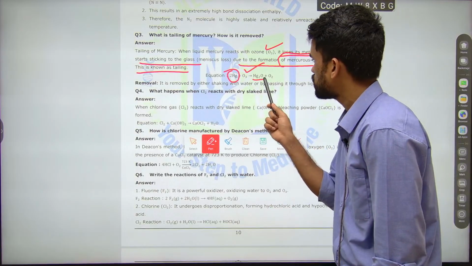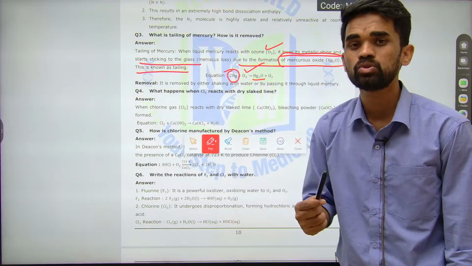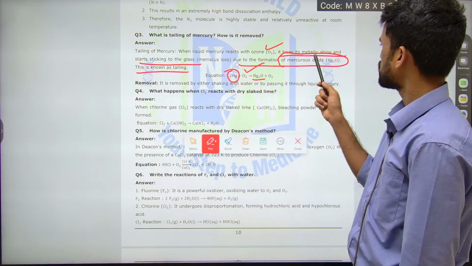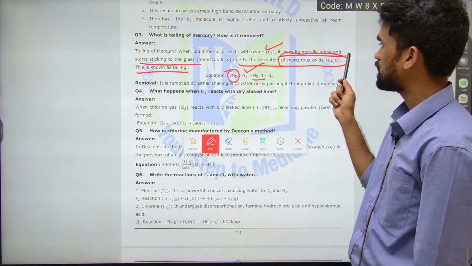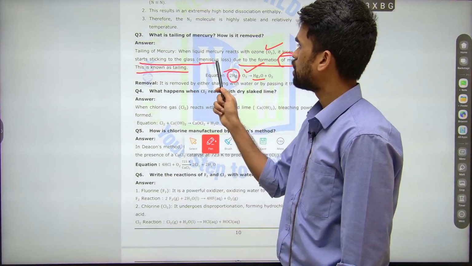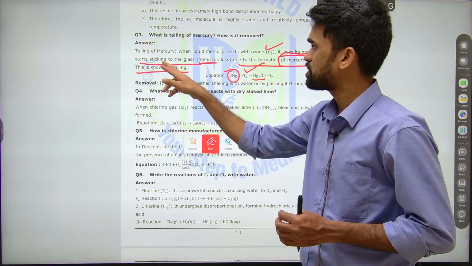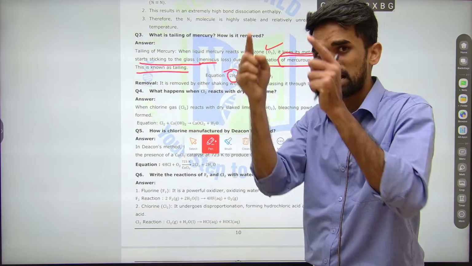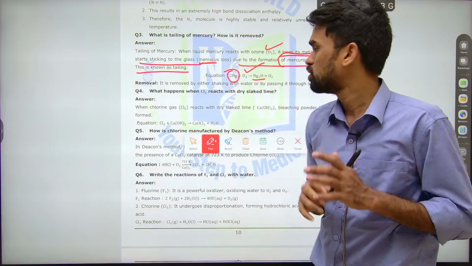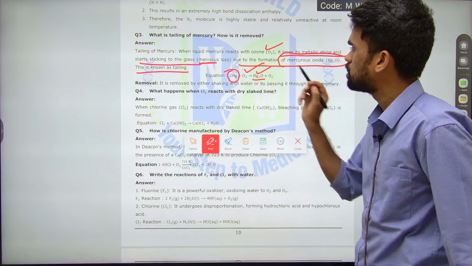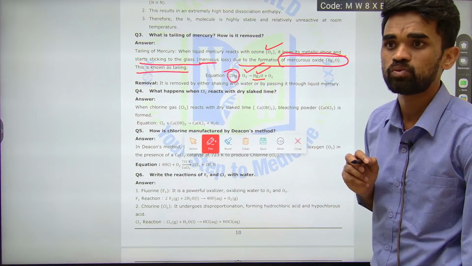Whenever this mercurous oxide forms, it loses its metallic luster and also its meniscus nature. Therefore, it sticks to the glass walls of the container, whatever container you are taking, due to the formation of Hg2O.